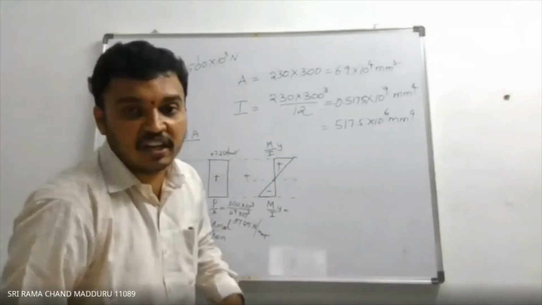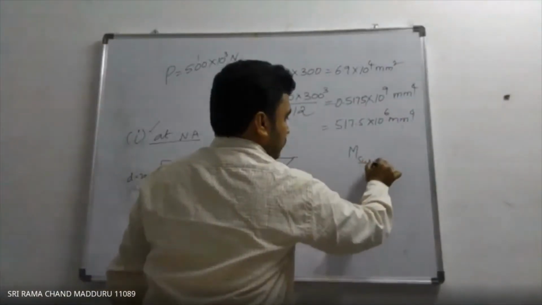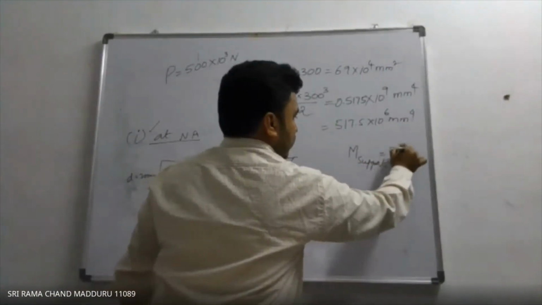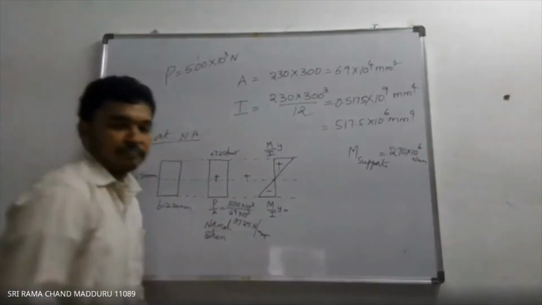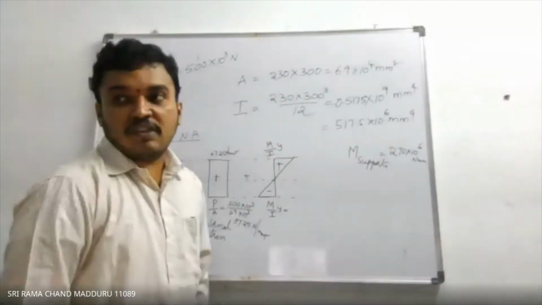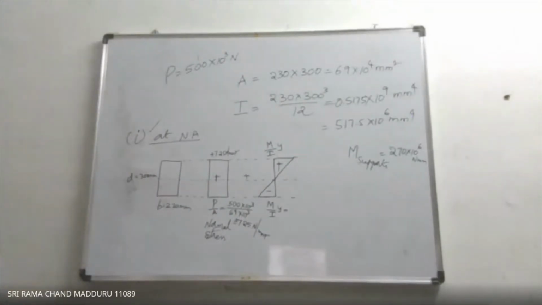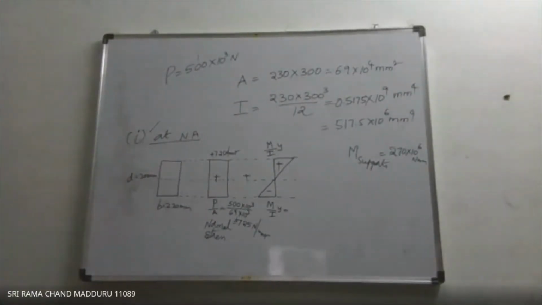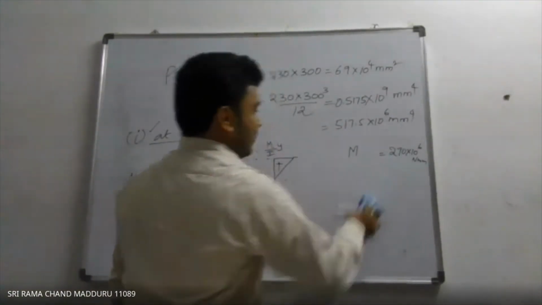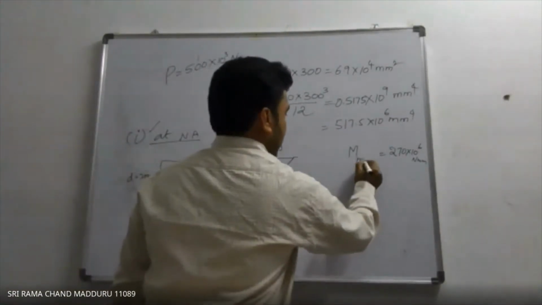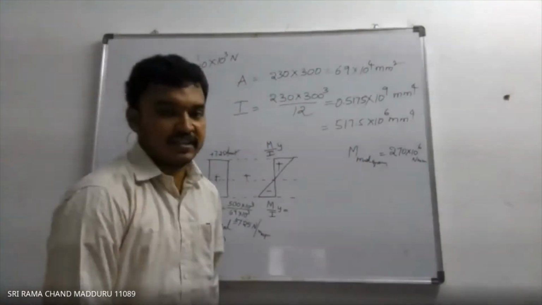Somebody said 270 into 10 power 6 Newton mm. Sorry, this is not support, this is midspan. M at midspan is equal to 270 into 10 power 6.